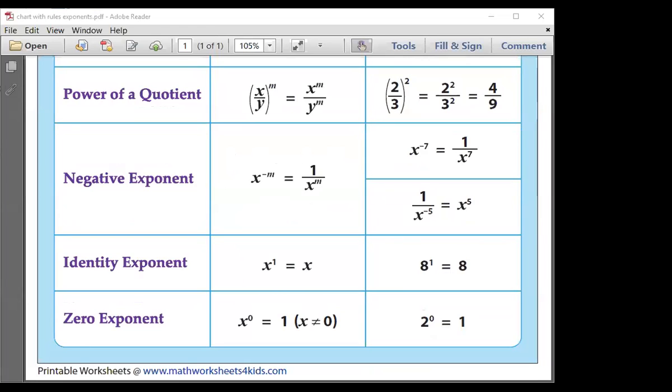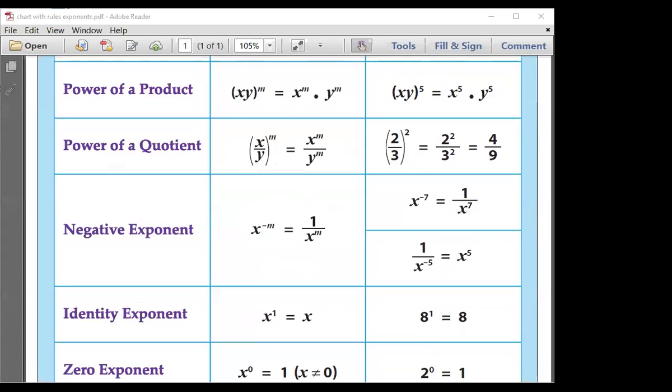Miss, I don't understand the power of a product. Power of what? Power of product. If you have here, did you see this question? xy all to the power of 5.